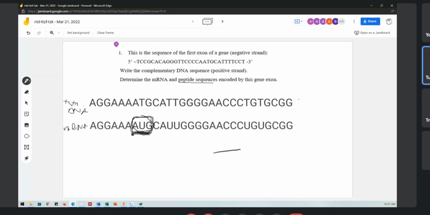So each frame will contain three, or we call that a codon, and you have AUG here. So you keep going. You have to keep the block of three, keep reading the block of three.